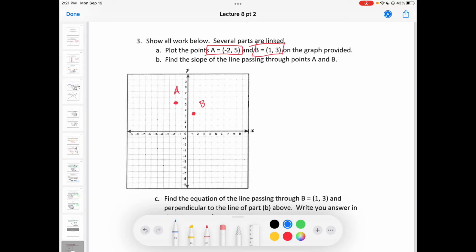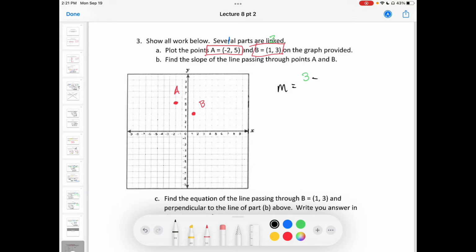It says find the slope of the line passing through points A and B. You can do this a couple ways. One of the ways is finding your slope formula. So identify which is point 1 and which is point 2.